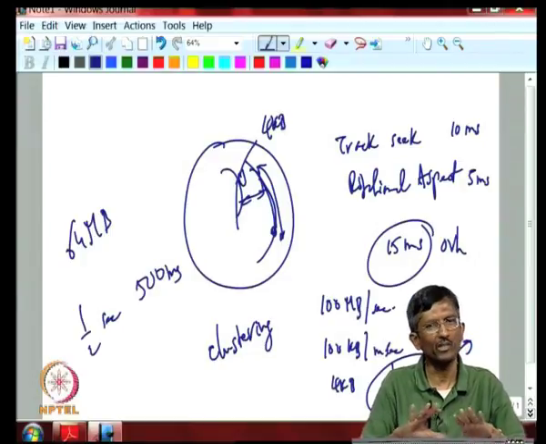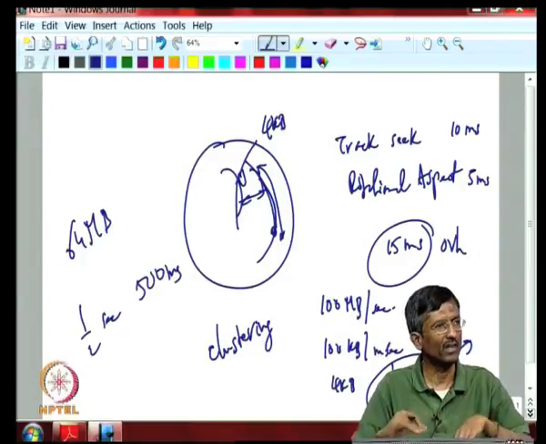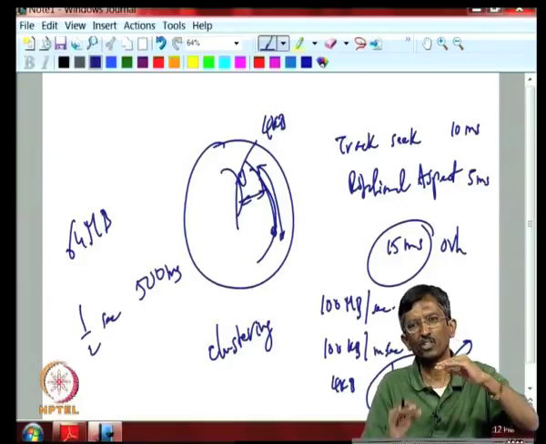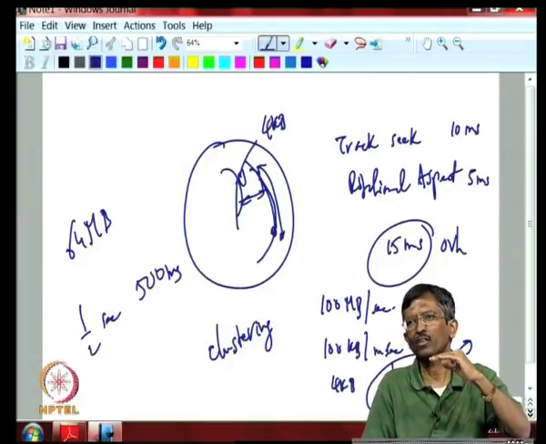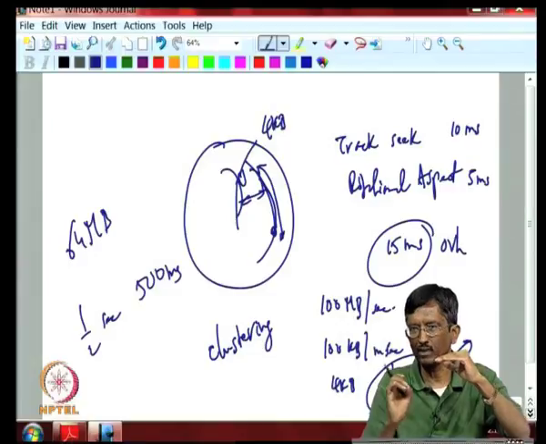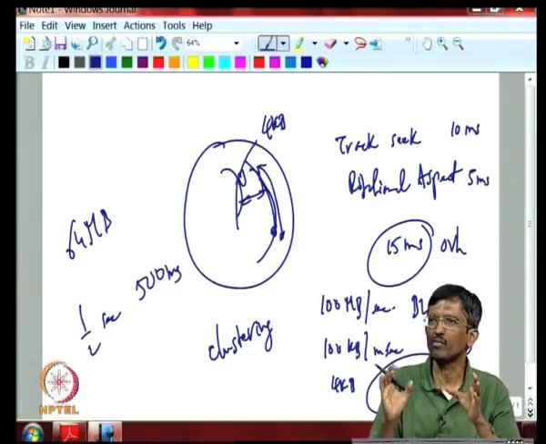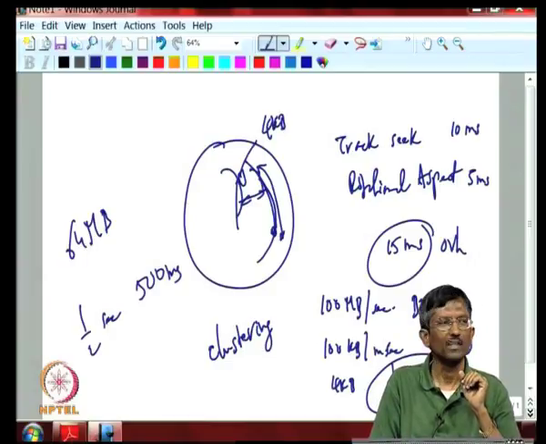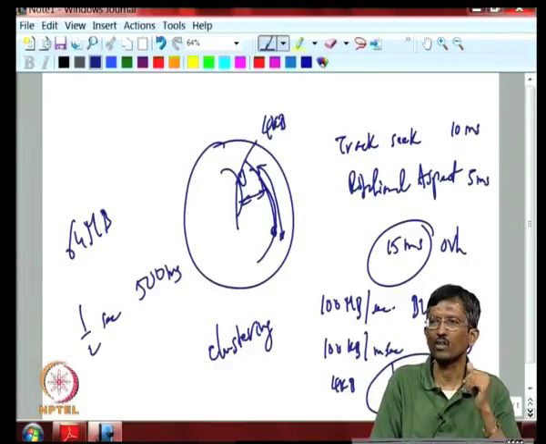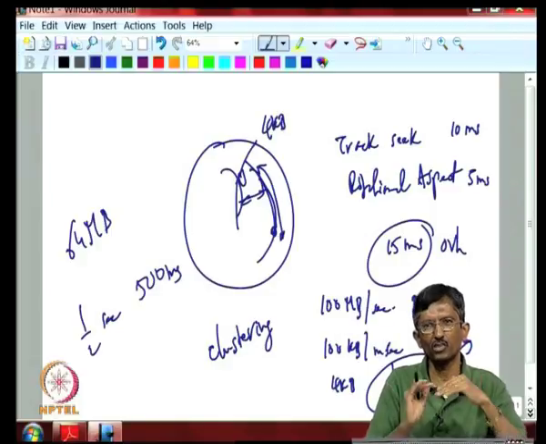The file system gives you the ability to pull it out from the disk and write it back, etc. But there has to be another system which looks at finer granularities inside these 64 megabyte chunks. That is what is called Bigtable, which we will come to later. So, there are two systems in operation.